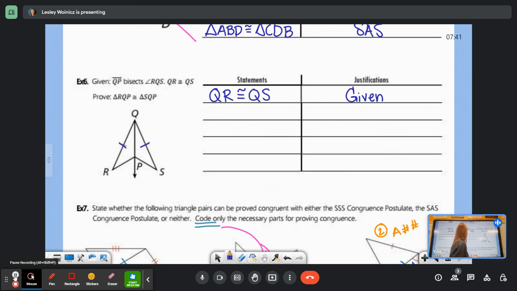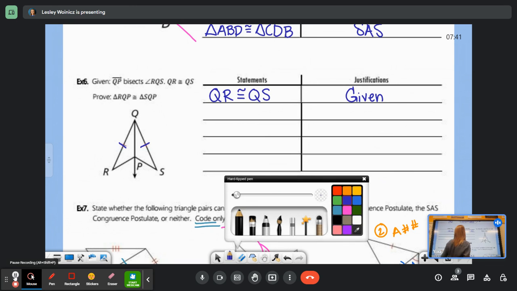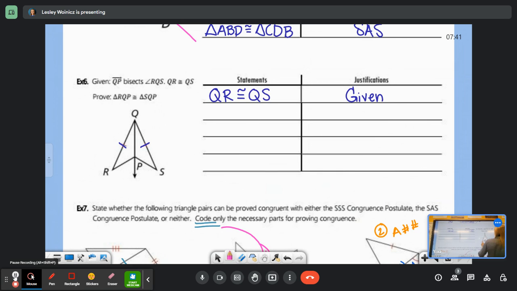Okay, I also know that these two triangles share side QP. And the order of QP is the same in both of these, so I don't have to worry about flipping the letters around. Here, go ahead and put the little bars on here. Add the bars everywhere if I didn't remember to add them for you.